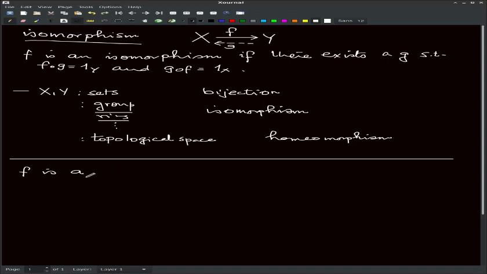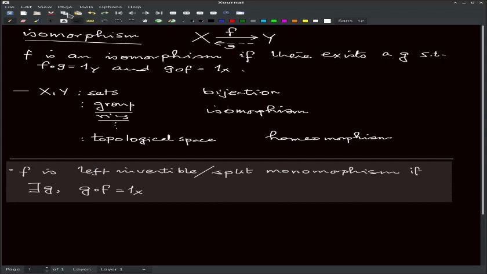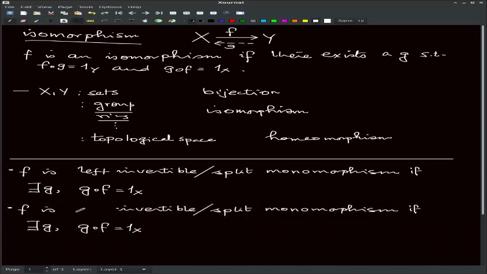We often say F is left invertible, or the more technical or better name is, we call it a split monomorphism, if there exists a G such that G composed F is 1 upon X. And similarly, it is said to be right invertible or a split epimorphism, such that F composed G is the identity.